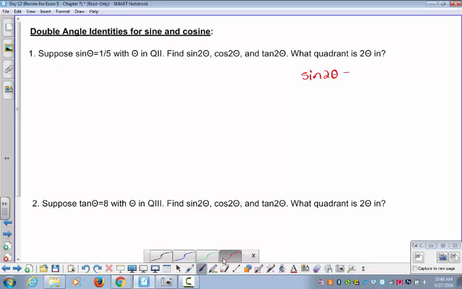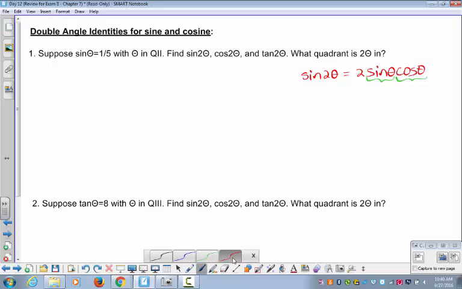Sine of 2 theta is 2 times sine of 1 theta times cosine of 1 theta. So in order to calculate sine of 2 theta, we need to know both sine and cosine of 1 theta. So that's the first step. We need to figure out, okay, we know sine of theta, but we don't know cosine of theta. So we're going to have to find that.